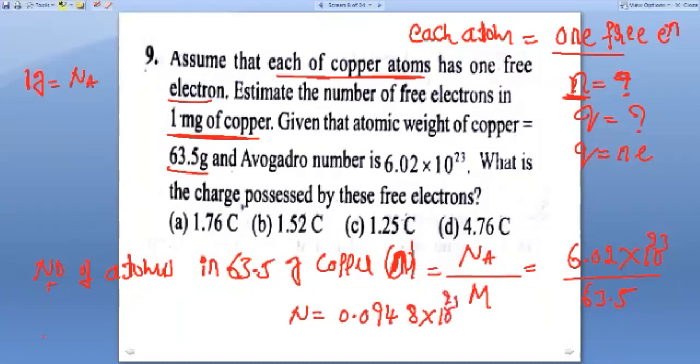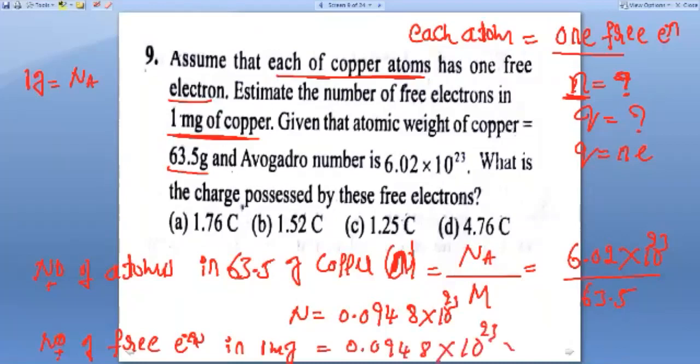So the number of free electrons in 1 mg is equal to 0.0948 into 10 to the power of 23 into 1 milligram, converted into gram, 10 to the power of minus 3. That is equal to 9.48 into 10 to the power of 18.